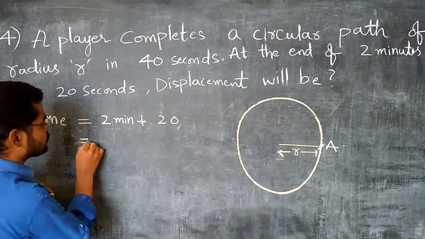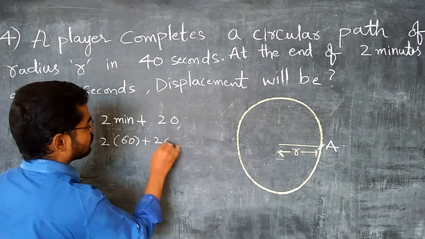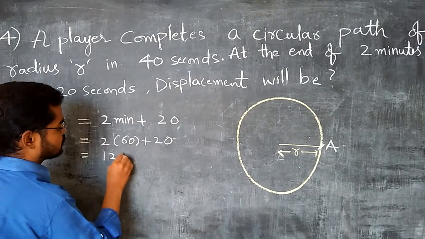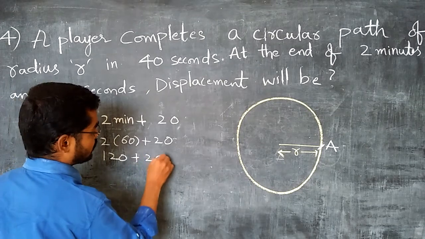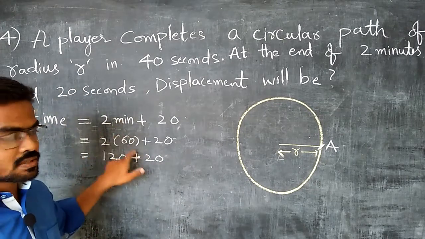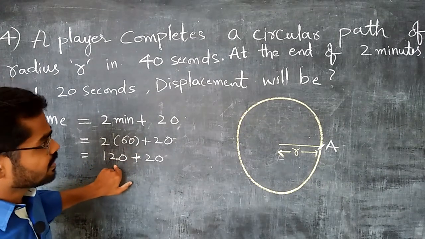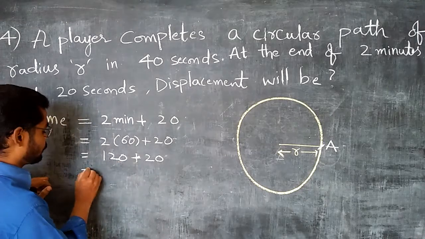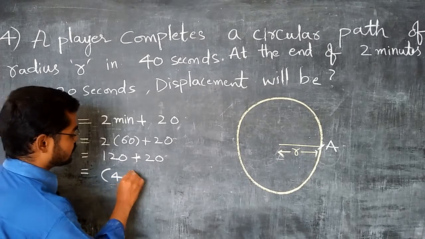So 2 minutes is 2 into 60, which is 120 seconds. So 120 seconds can be written as 40 seconds into 3.